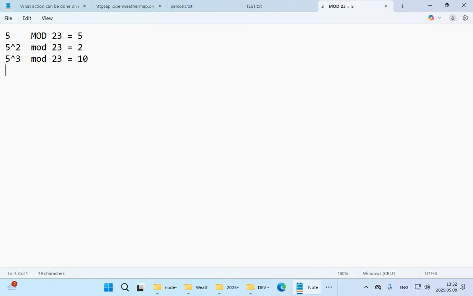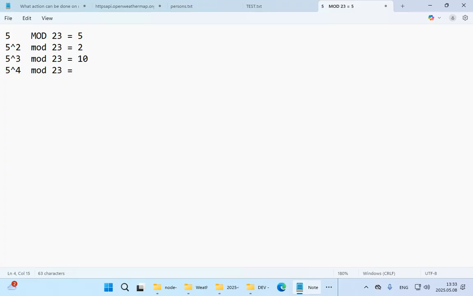Now what about 5 to the power of 4 mod 23? What will be the result? It cannot be 50. 10 multiplied by 5 is 50, which in itself is like 23 twice. Can it be like 4 maybe?